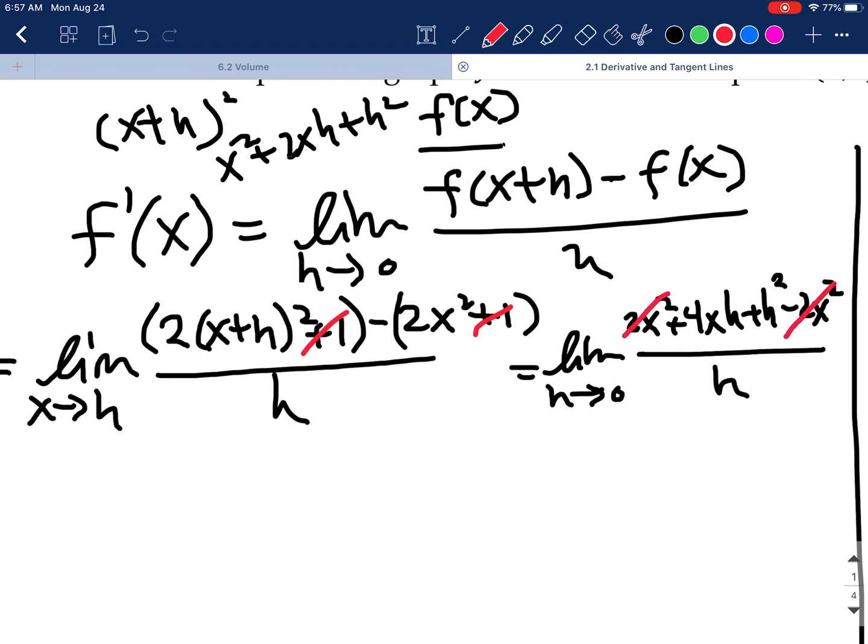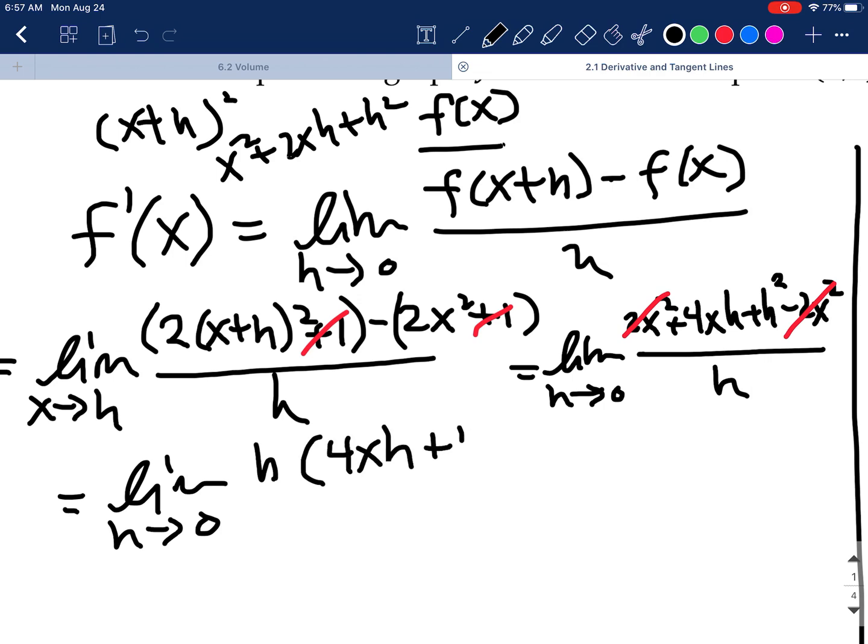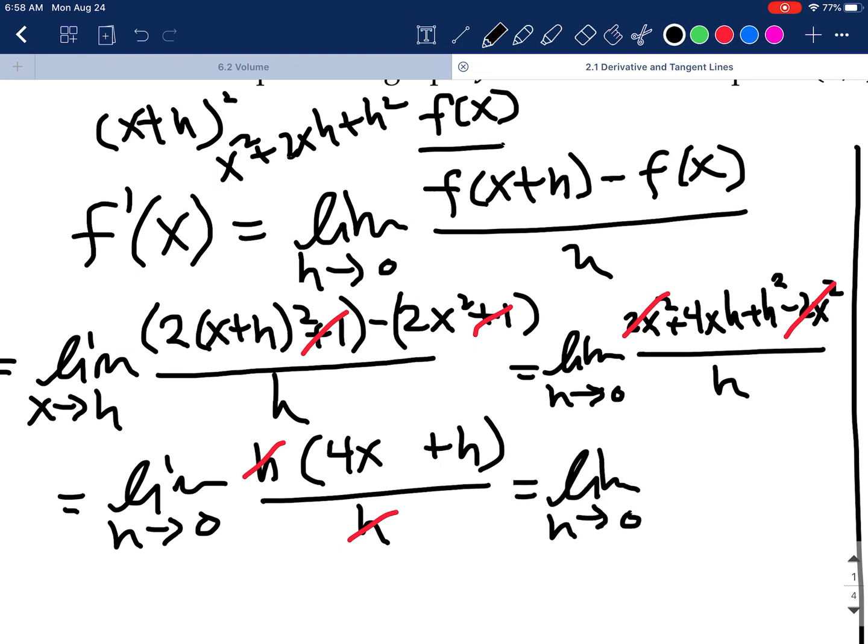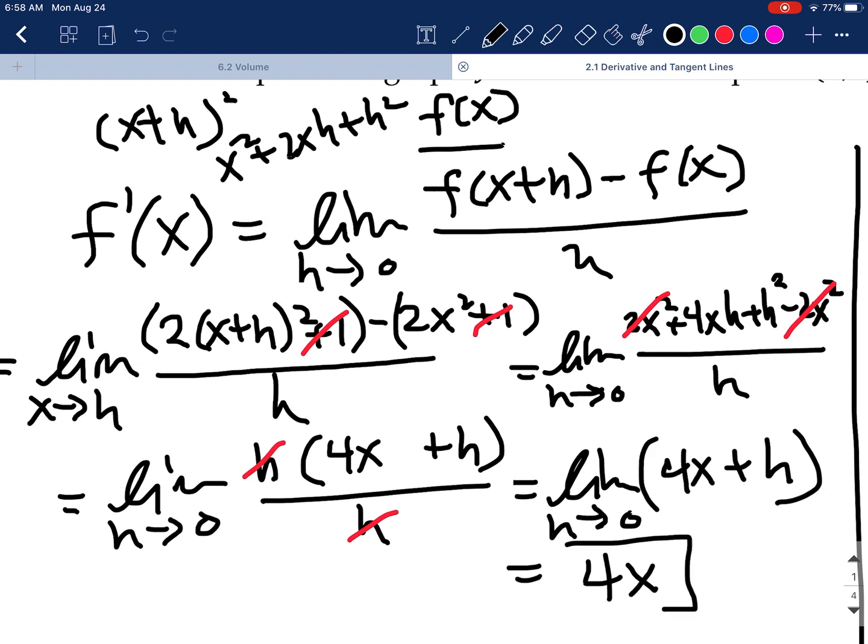And again, we'll get some nice cancellation here, so those will cancel. We'll move down here and get the limit as h goes to 0. I can factor out an h from 4xh and 2h squared. And so we'll get the limit as h goes to 0 of 4x plus 2h. Let h equal 0, and we get 4x.